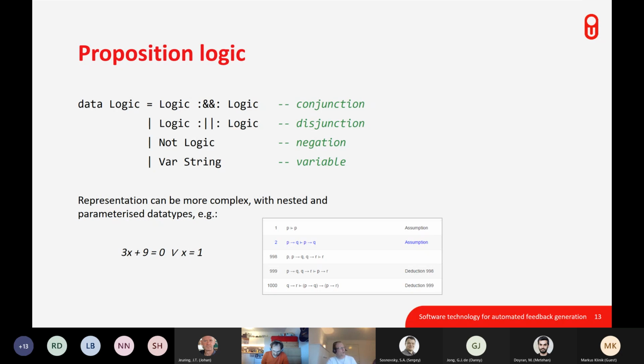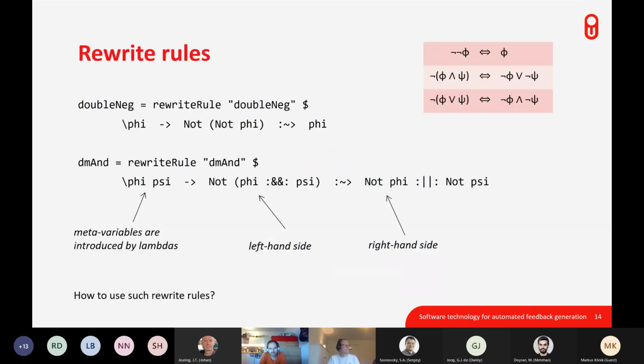So these data types are more complex. So the techniques that I'm going to present also have to cater for these more complex representations. And of course, in the axiomatic proofs that I showed you earlier, it's also a much more complicated representation, a much more complex data type that is being used under the hood.